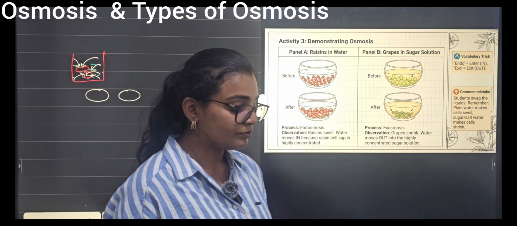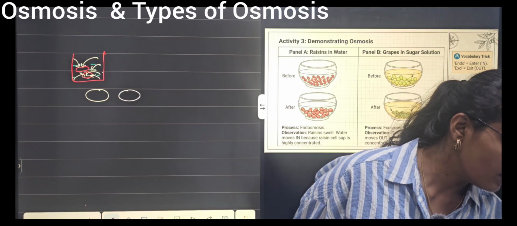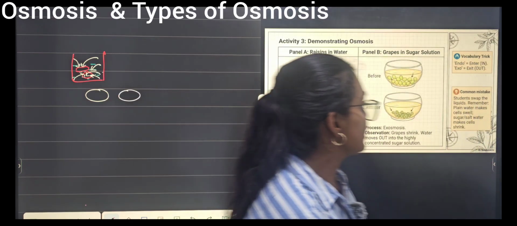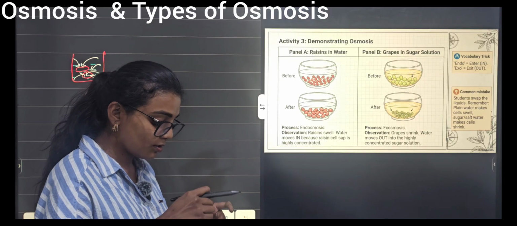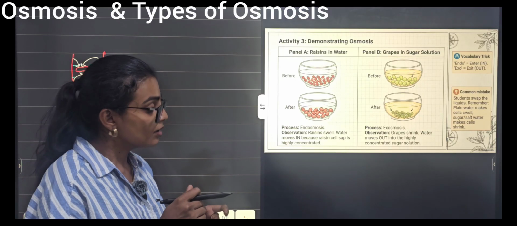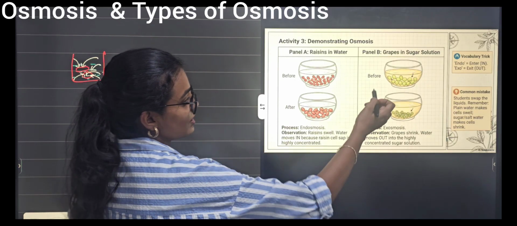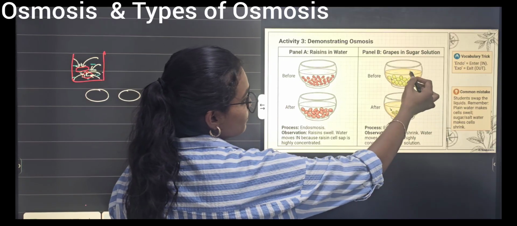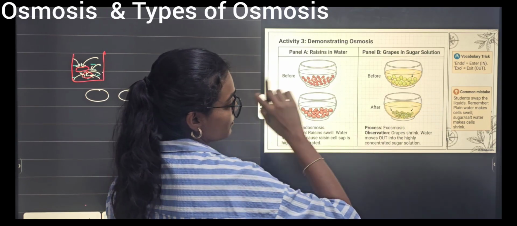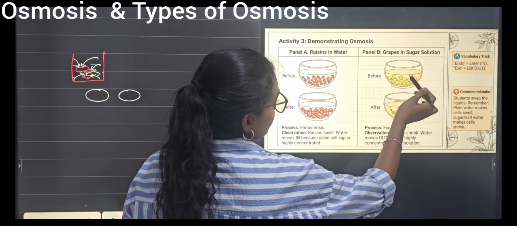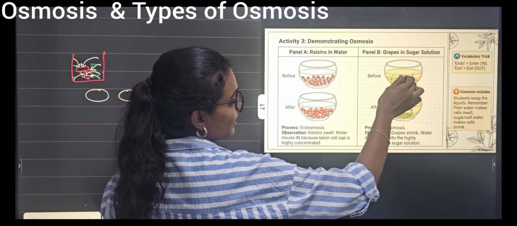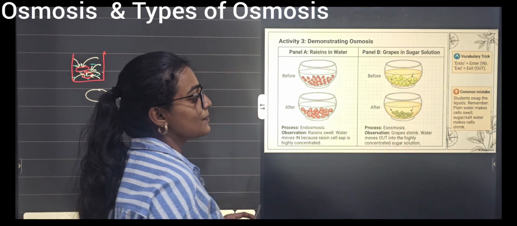Next example is about exosmosis. What is exosmosis? In this case, you can see in the bowl they have placed sugar solution, and inside the sugar solution they have kept the grapes.